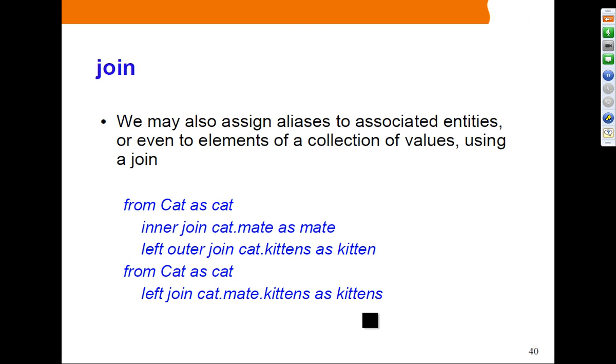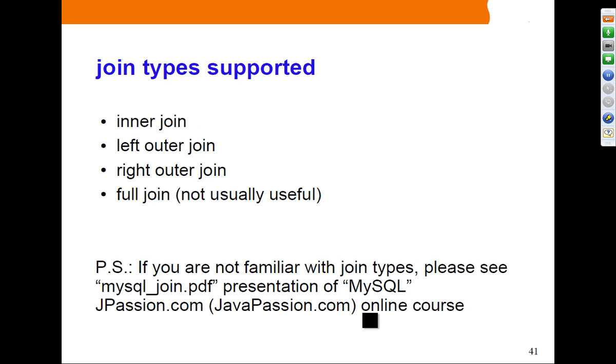The MySQL course has a join topic, where I explain the differences between inner join, outer join, left outer join, and all those different types of joins using examples. So I recommend you take a look at that. The join types are basically what I just said: inner join, left outer join, right outer join, and full join.